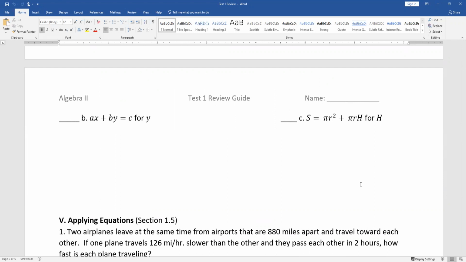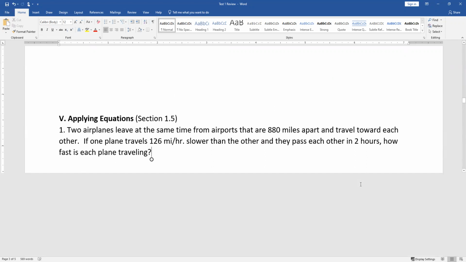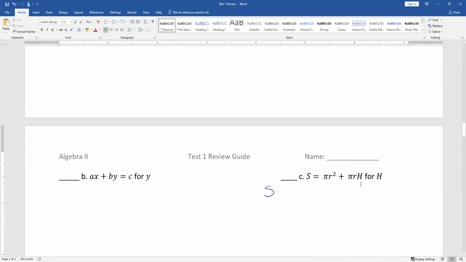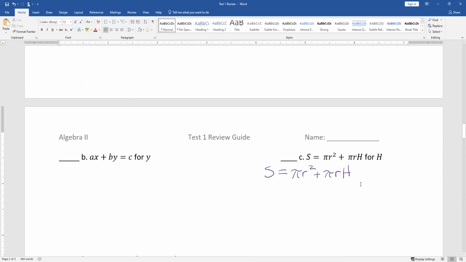For C, we have S equals pi r squared plus pi r h, and we're solving for h, so we've got to isolate the variable h. So what would we do first?